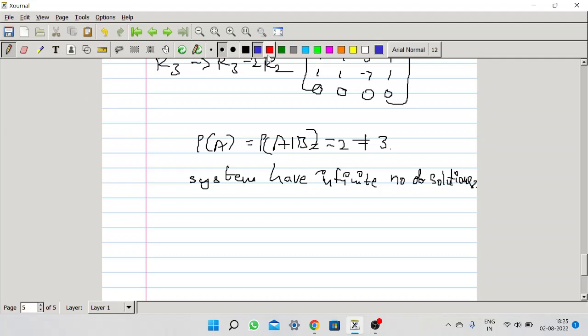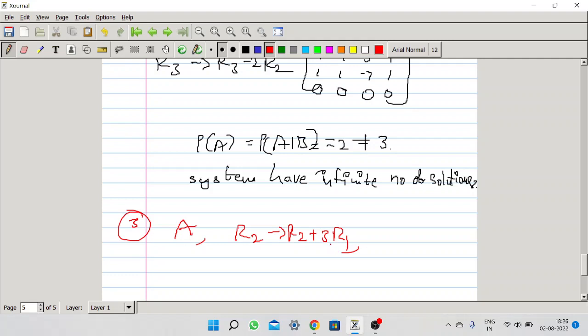So the third problem is: on applying the elementary row operation R2 to a given matrix A, we are applying the row operation R2 to R2 plus 3R1.